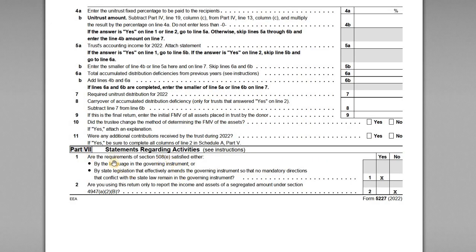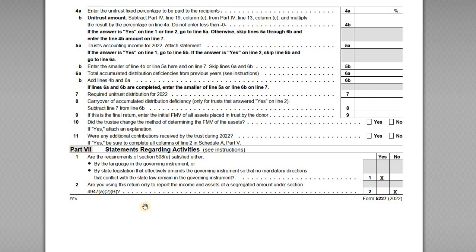So in Part 7 here, are the requirements of 508(e) satisfied either by the language in the instrument or by state legislation that governs this topic? And the answer is yes. So our trust agreement does cover these kinds of issues, and so we've checked the box 1, yes.